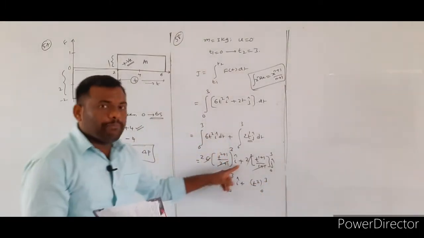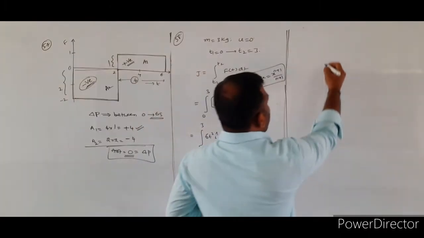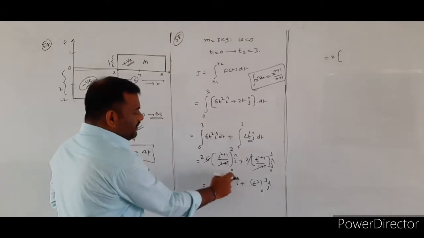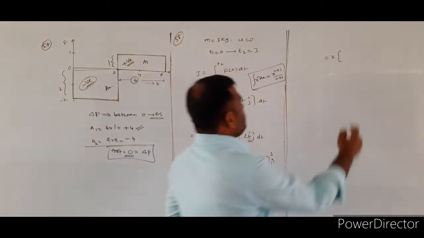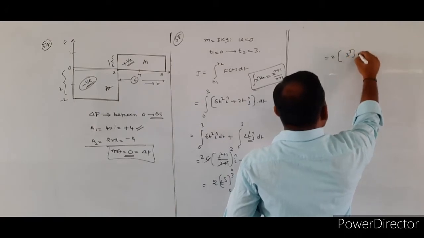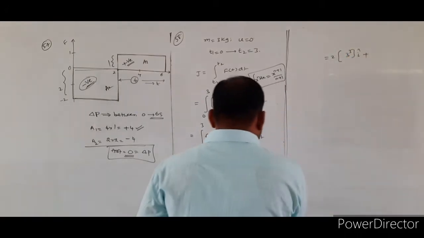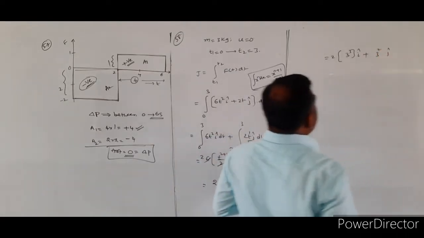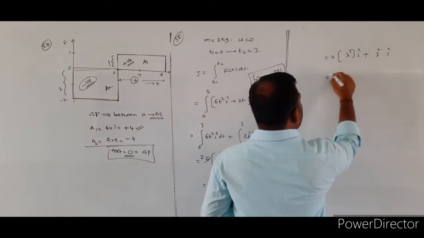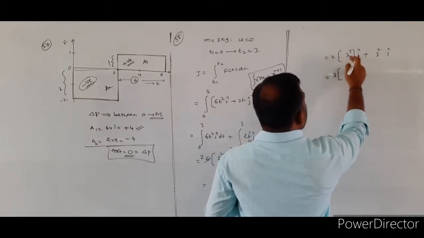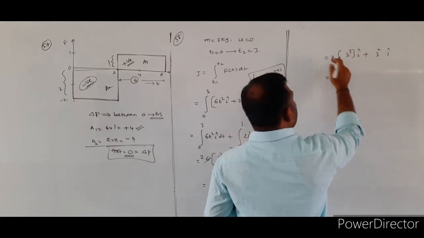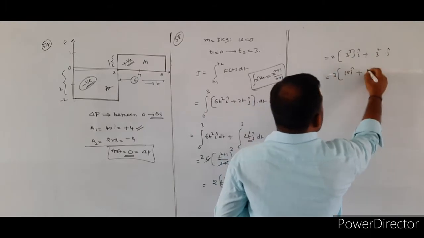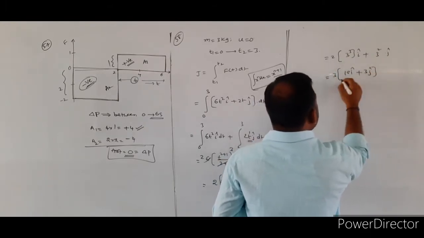First we apply the upper limit: in the place of t we write 3, so 2 into 3³ i cap plus 3² j cap. Taking 3² common, 9 twos are 18 i cap plus, taking one 3 common, 3 j cap.